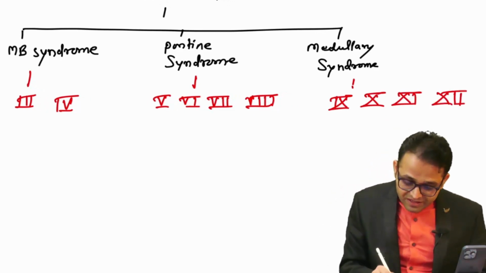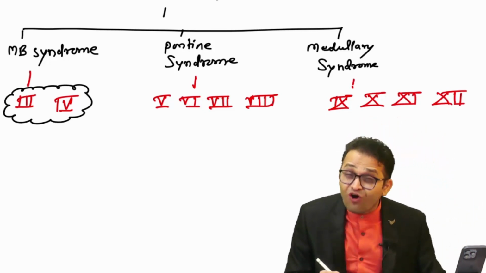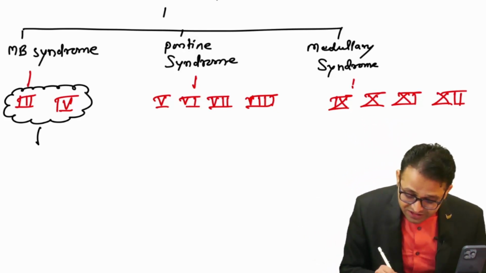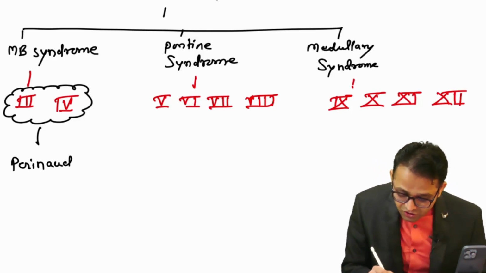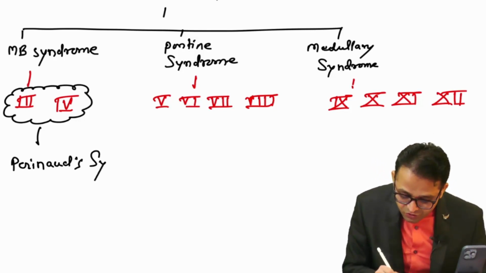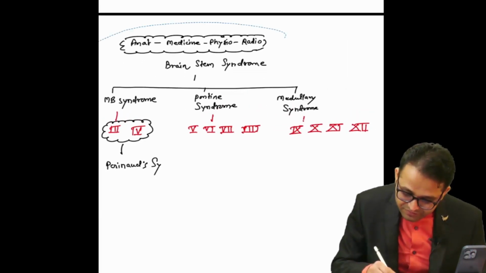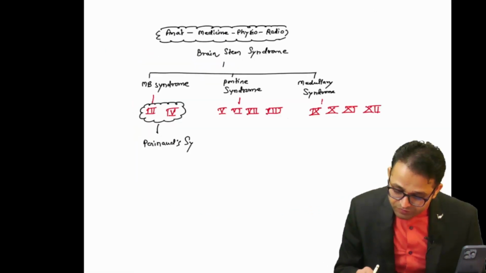So remember, in midbrain syndrome there is damage to the third and fourth cranial nerves. You will observe in the midbrain conditions like Parinaud's syndrome. Yes, sir, one condition. Also the other is Benedict syndrome.